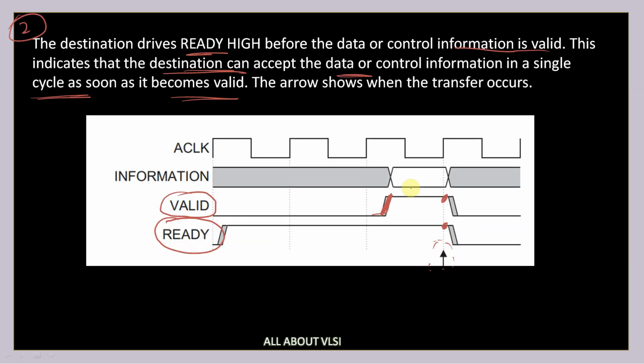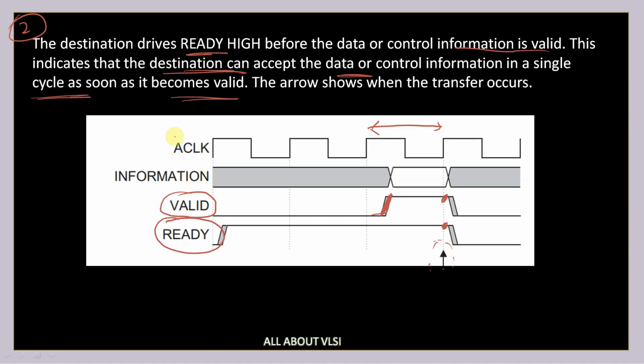But if the default value of your AW ready is equal to 1, then what is going to happen? For asserting your valid signal, we need only 1 cycle. So in this same cycle, on this edge, we can see the transfer is completing in only 1 cycle. You can see here in this particular cycle, our transfer has been completed. So this is the difference.